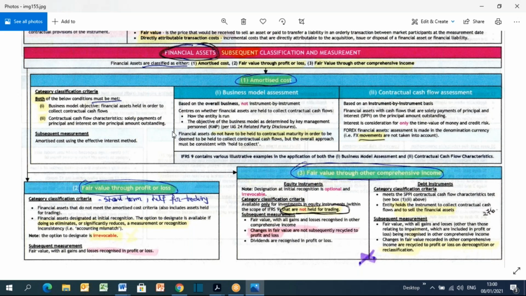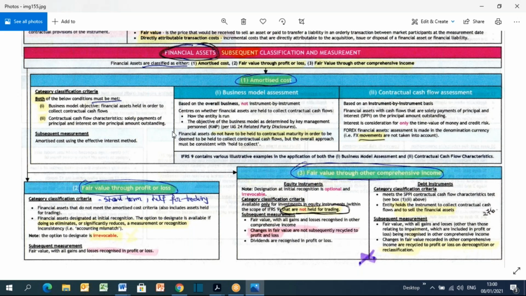And always remember that the examiner says in his or her report that students often are trying to answer IFRS 9 questions that are indeed very difficult, but they don't know the basics.